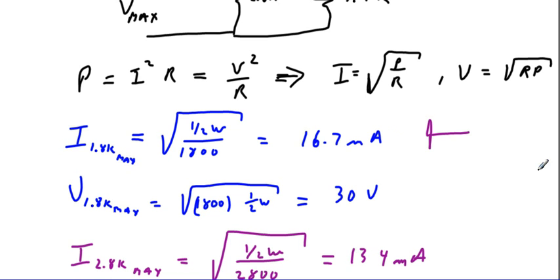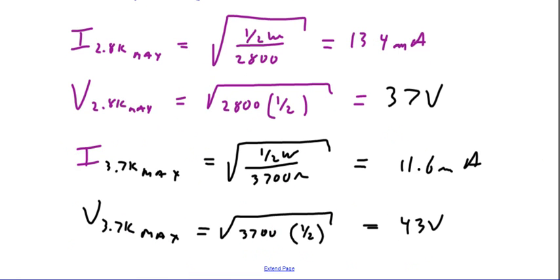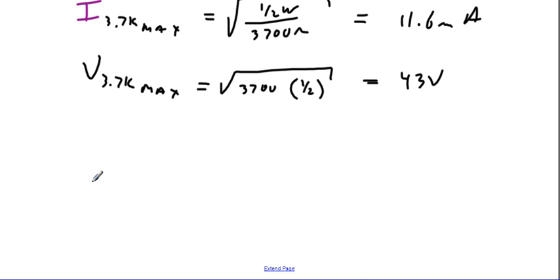Okay, so that being the case, I know that I have some voltage max, and I know that this guy has 30 volts across him, and that's the max he can be. And he is 1.8K.